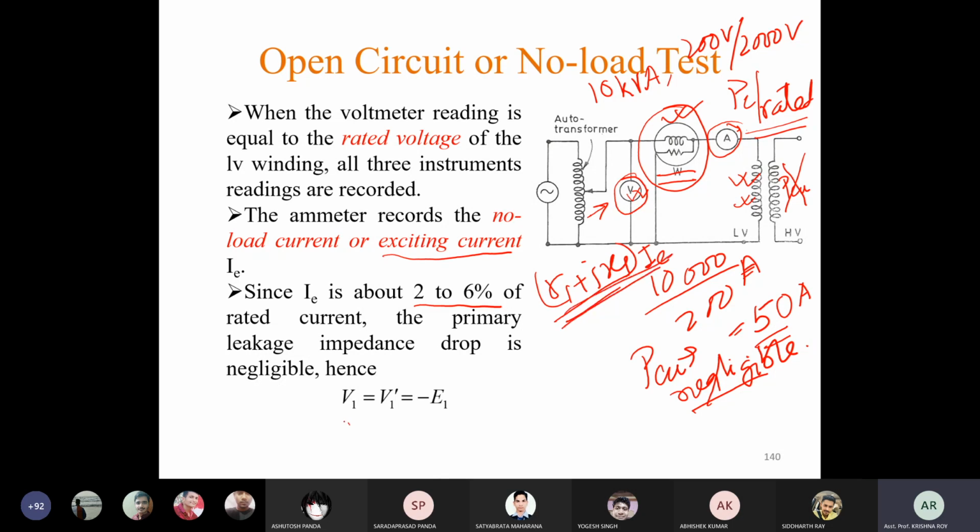Therefore, we can assume the applied voltage is equal to V1 dash, which is equal to minus of E1, right? Exciting current is very low, therefore this voltage drop is very low, so we can take the applied voltage, that is the voltmeter reading, equal to V1 dash, which is equal to minus of E1.